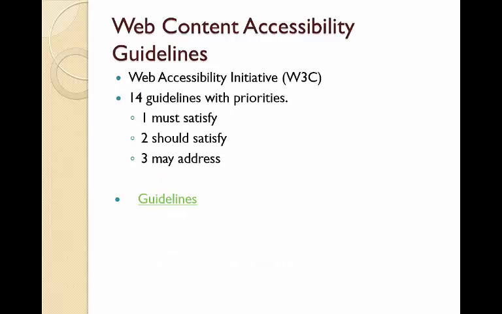There's also accessibility guidelines set up by the W3C, the World Wide Web Consortium, and 14 guidelines with priorities established for each one. 1 is must satisfy, 2 is should satisfy, and 3 means maybe you'll address it, maybe you won't. But there are very specific things that you can do, and I'll leave you to explore that on your own.